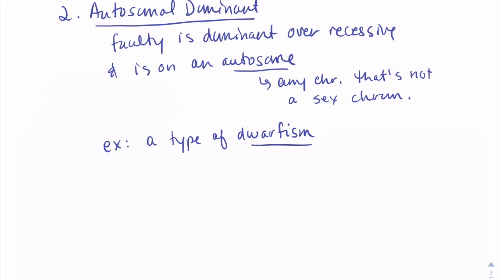You're telling me somebody who's 4'11" is considered a dwarf? That's interesting. There are lots of different types of dwarfism, but there is one in particular that displays autosomal dominant inheritance patterns. So one type, and it's the type from that old TV show, and they have a spin-off for it now, was called Little People, Big World.